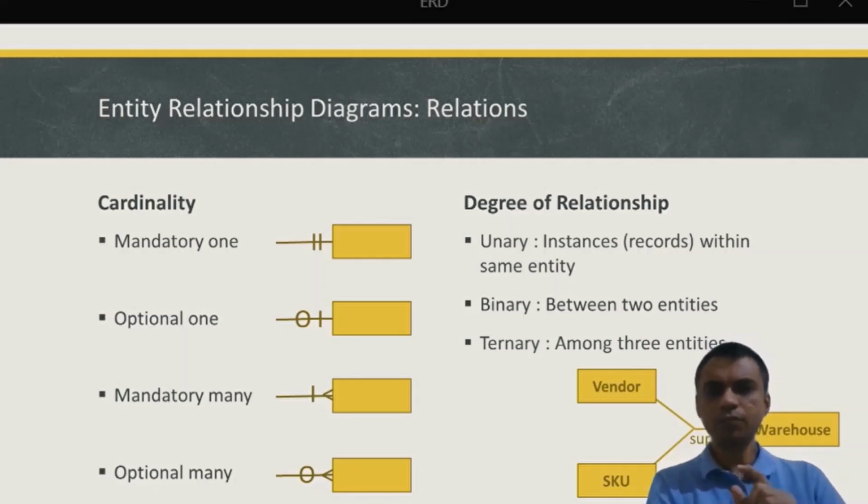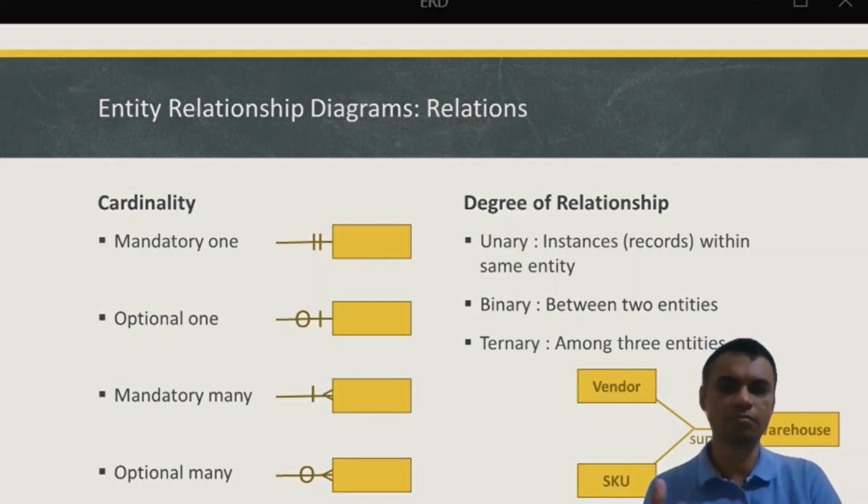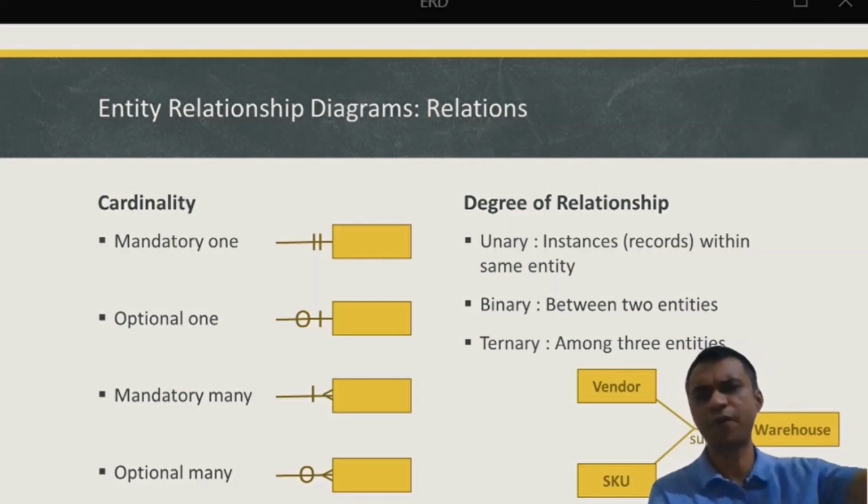So you would have a vendor or a seller, then you have the warehouse, and SKU is nothing but the product, the stock keeping unit. Let's say you purchase one box of sweets, or something more durable, a box of chocolates. There may be one vendor who has many different types of chocolates, and these chocolates are kept in different warehouses.